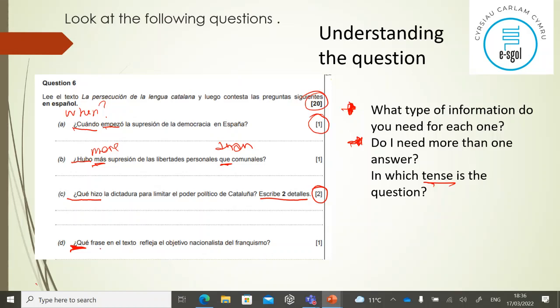Which sentence in the text reflects the nationalist objective of the franquismo? Here we've got a sentence in the present tense, past tense, but it's worthwhile to figure out which tense sequences will help with formulating your answer in the target language.